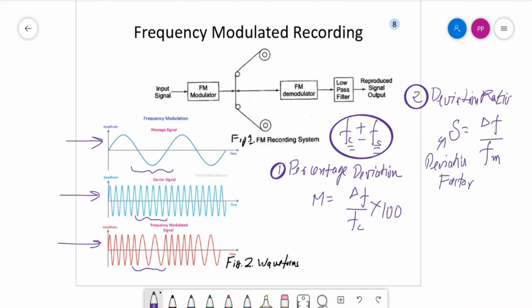A system with a very high deviation ratio generally has a low noise figure. However, the change in the frequency is limited by recorder bandwidth and the input data frequency, and must be kept high to accommodate all the data signals, because if the deviation ratio is poor, then you cannot modulate the complete signal to be reproduced. So let us go to the next method.